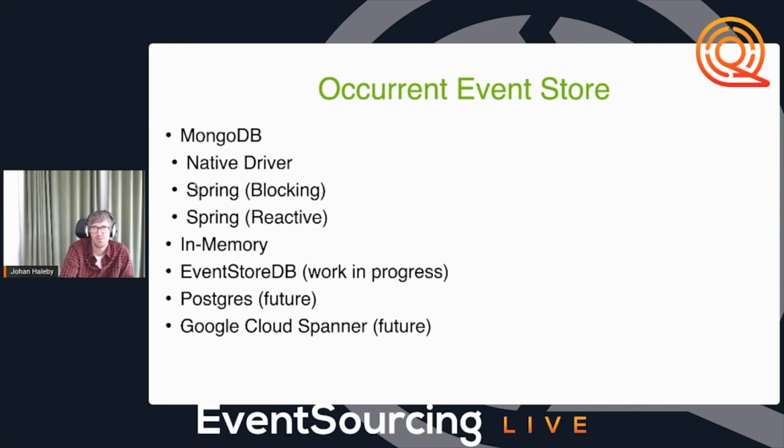I have one Spring reactive implementation that uses Project Reactor. And then there's an in-memory implementation. I have started working on an EventStoreDB implementation as well. Postgres is something that I want to look into, and I would really like this to work with Google Cloud Spanner. That would be awesome if that would be possible. So yeah, I will try to see what I can do in the future.